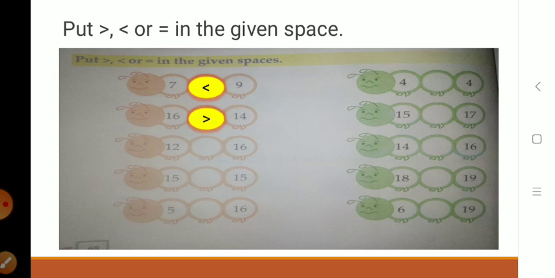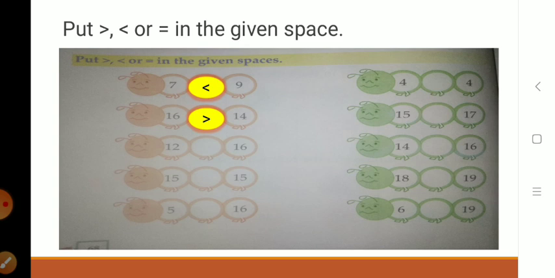How will you read this? 16 is greater than 14. The open side always faces the greater number, and the close side the smaller number.